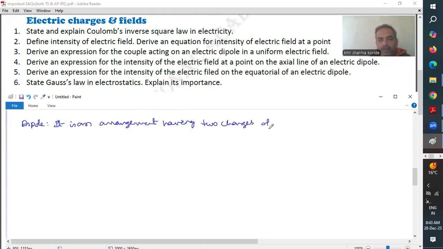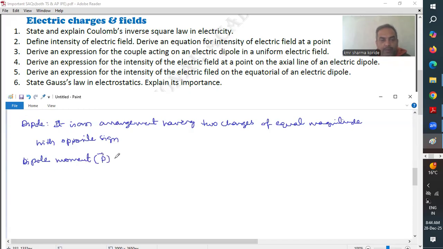So dipole has dipole moment. Dipole moment is expressed with the letter P.